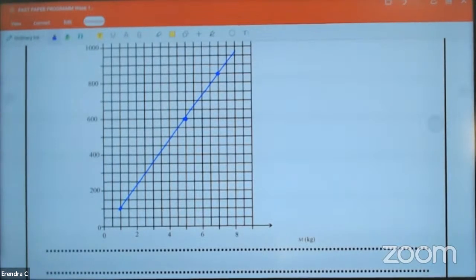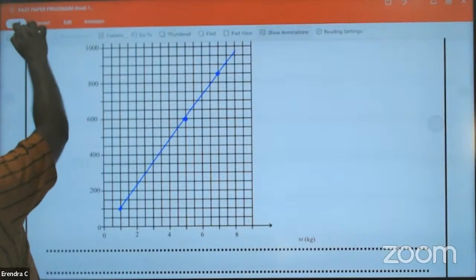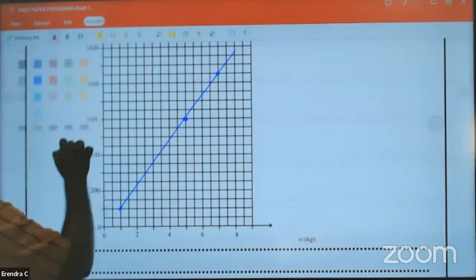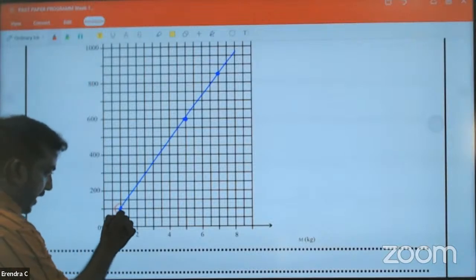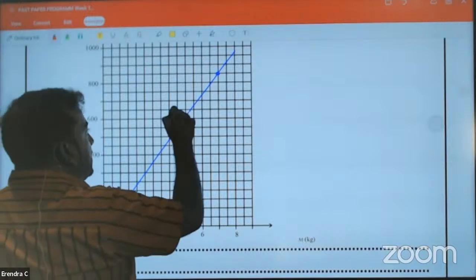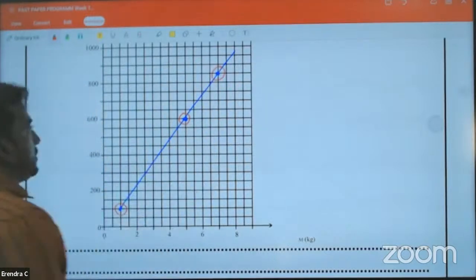Mark with arrows a suitable place where we can find the gradient. You must find a location where it exactly crosses the grid. These three locations are suitable.